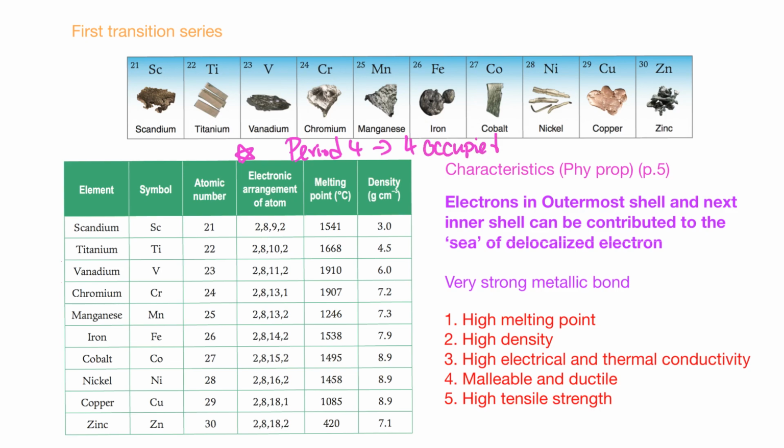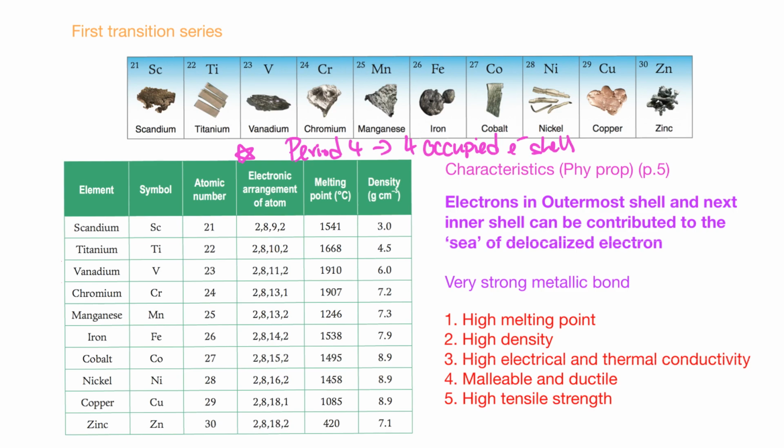Every one of them has 4 numbers right there. But one very interesting thing is that in the outermost shells, all of them are 1, 2, 1, 2, 1, 2.